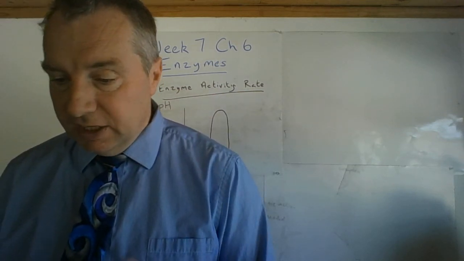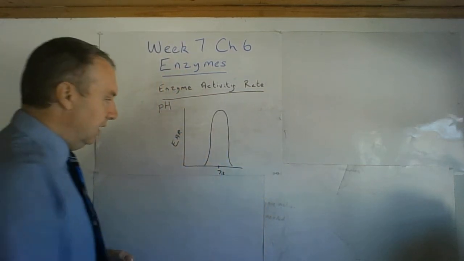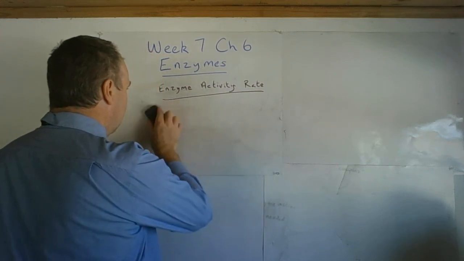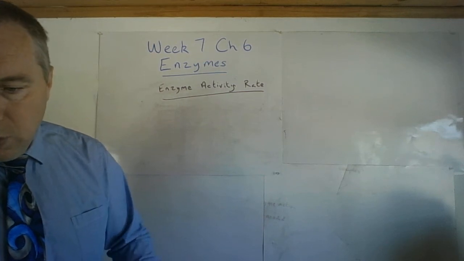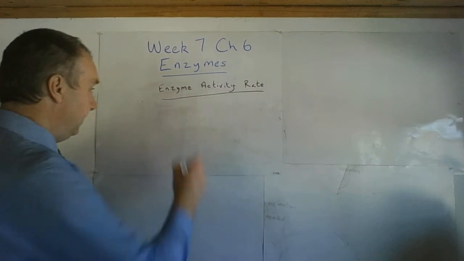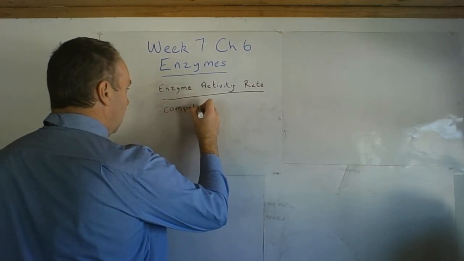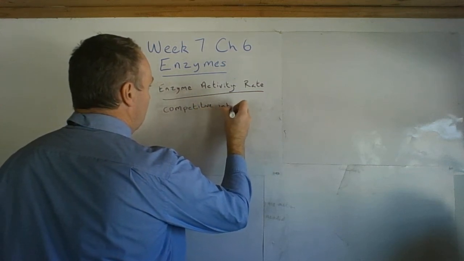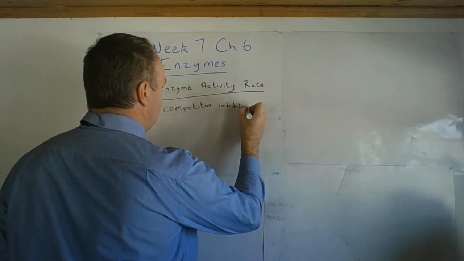So another thing that changes enzyme activity rate are inhibitors. So one type of inhibitor is competitive inhibitors.